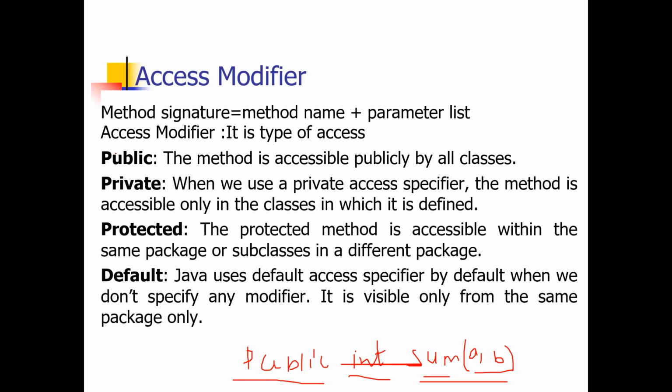Once again, a short review, a brief introduction of public, private, protected. Public is a method that is accessible publicly by all classes, meaning all classes are able to see it. Private means when we use the private access specifier, the method is accessible only in the class in which it's defined.